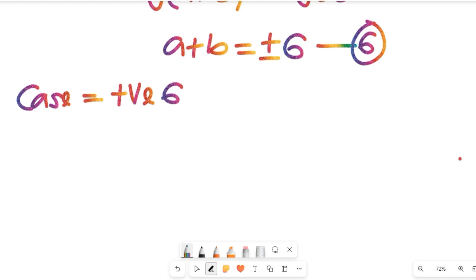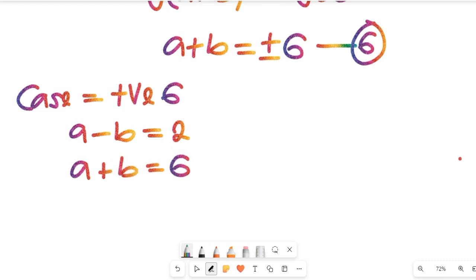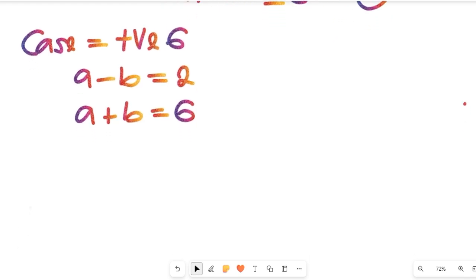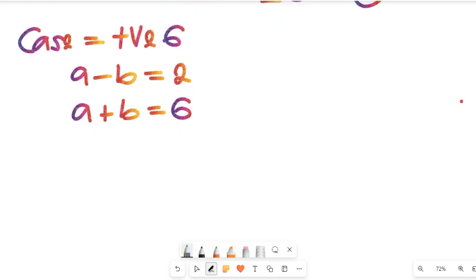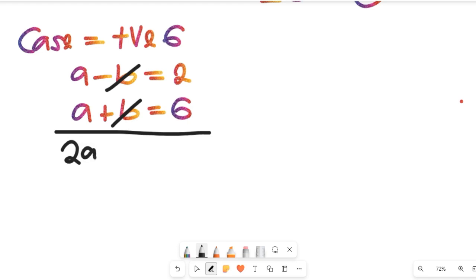So if a plus b is positive 6, and from equation 1 a minus b is equal to 2, we have derived two simultaneous equations which we can simplify to give us the value of y. We'll simplify this, this will clear b, and then we'll have 2a equal to, when we add this, 8.